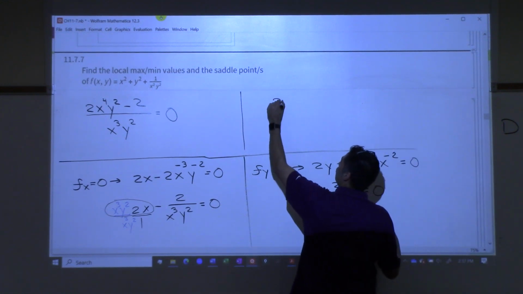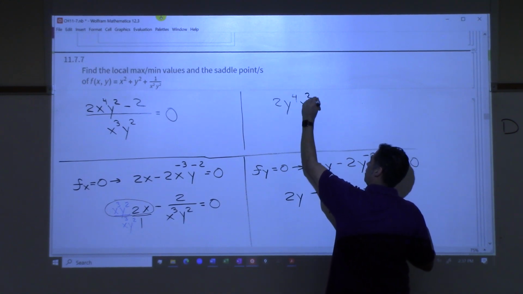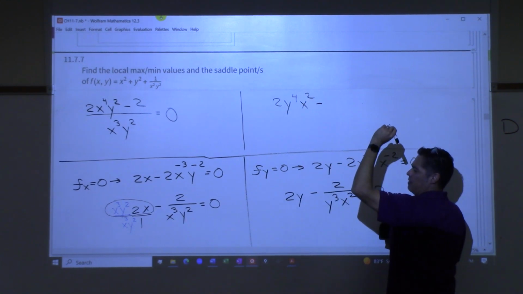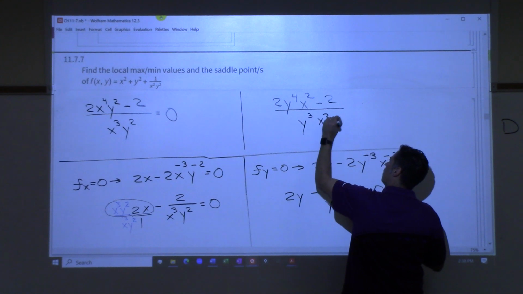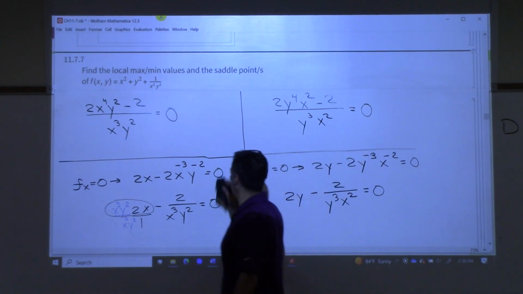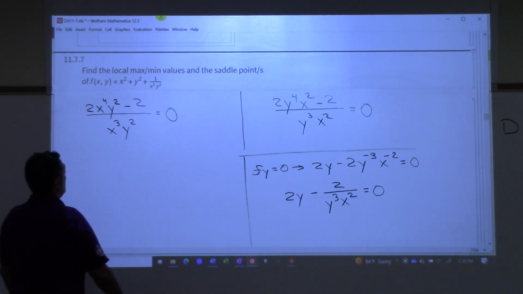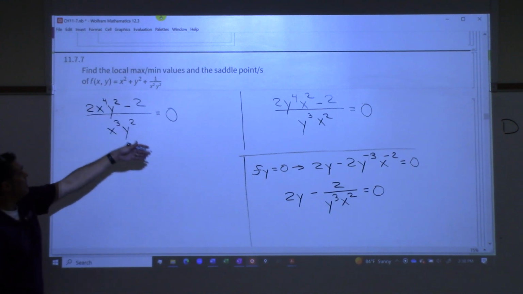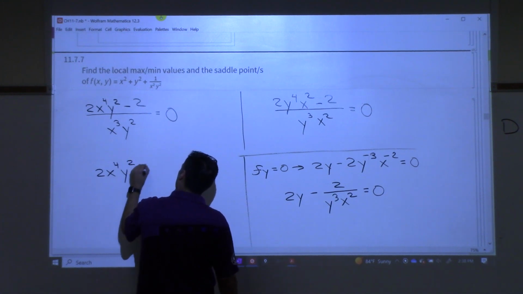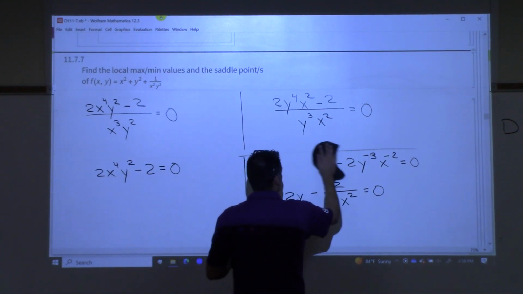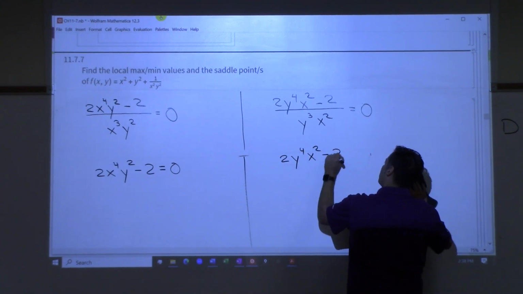So if I do that, I'm going to get 2y to the 4th x squared minus 2 again, over the common denominator, equals 0. And now, because a single fraction equals 0, all I have to do is look at the numerator. 2x to the 4th, y squared minus 2 must equal 0. And over here, this one would mean 2y to the 4th, x squared minus 2 equals 0.